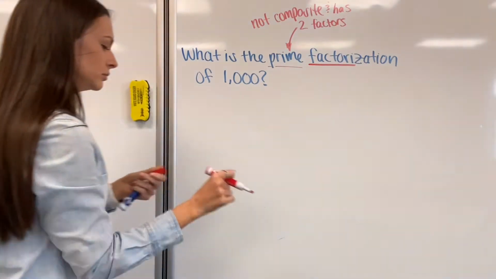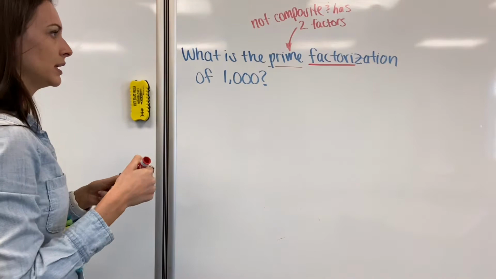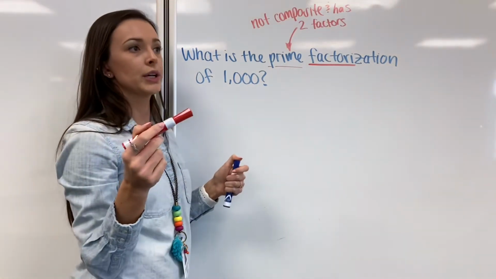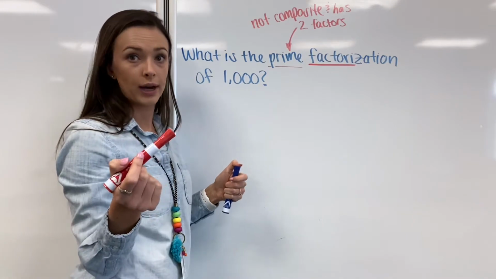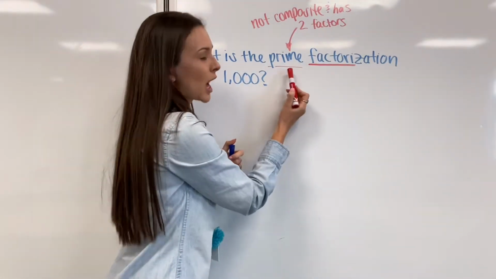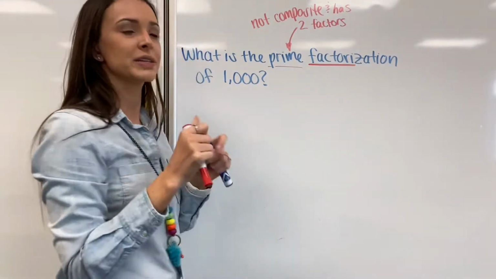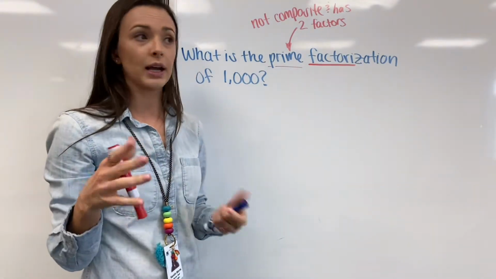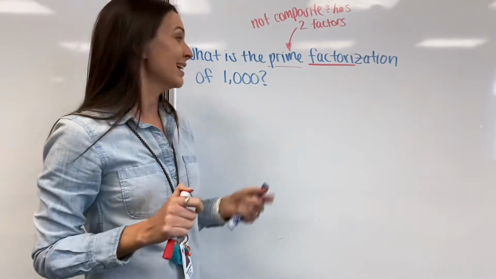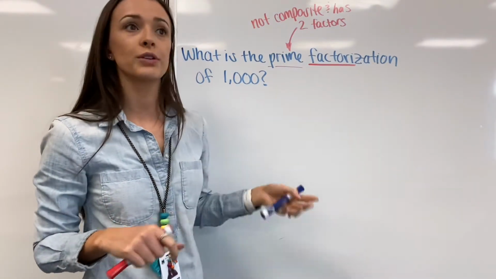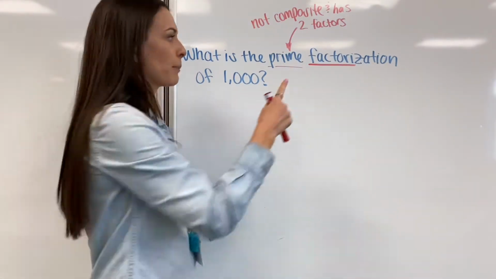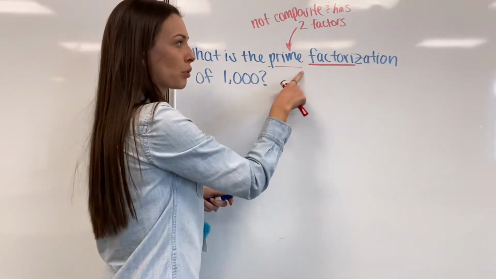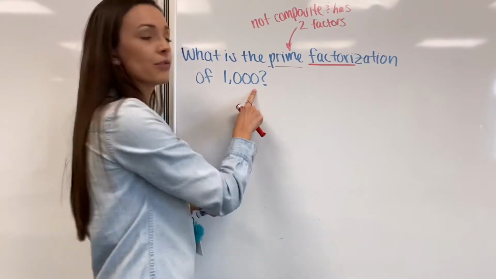I might be able to get to the number 1,000 if I do 100 times 10, right? But that would not be the prime factorization. Why? Because I can decompose 10 into 2 times 5, and 100 into 25 times 4. Those are not prime factors. So I want to find the totally prime factorization of 1,000.